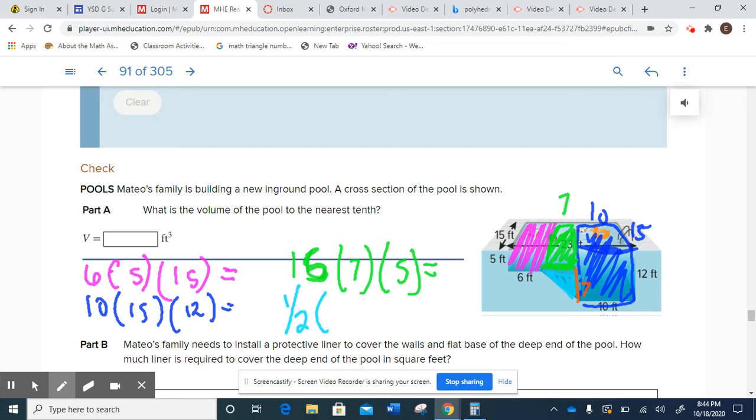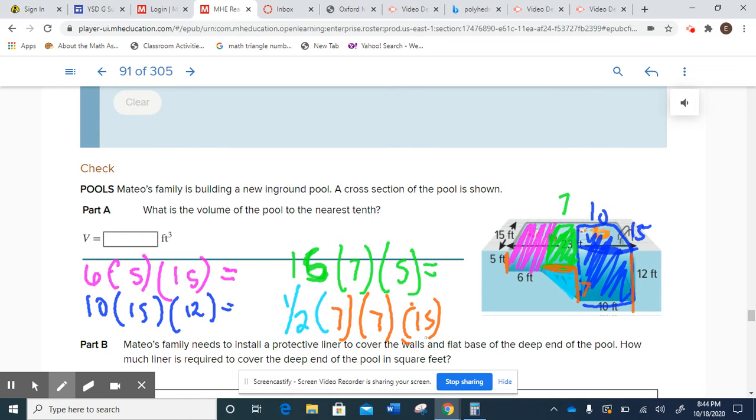The reason you know is because you use 5 for this section and then this section is 12, so you take it away. So it's 7 and then another 7 because it's going across. Then I also have to do my height. So 1/2 of the base times the height times the width, which is 15.